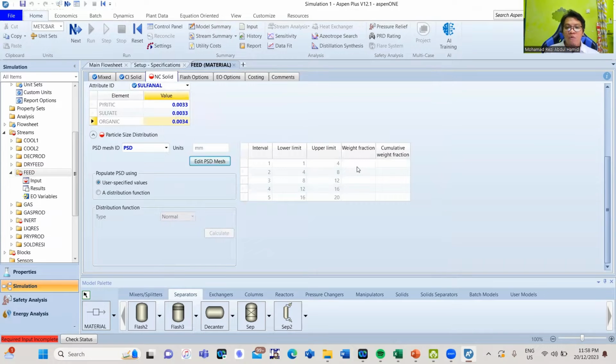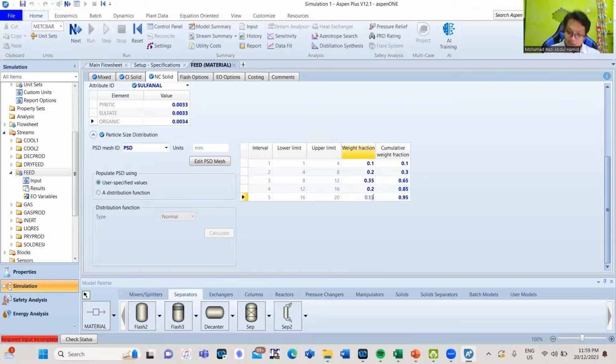Now you need to provide a weight fraction. So for 0 to 4 millimeters, you have 0.1. The next one is 0.2. The third one is 0.35. The fourth one is 0.2. The fifth one is 0.05. Okay, I made a mistake, it should be 0.1, 0.15.